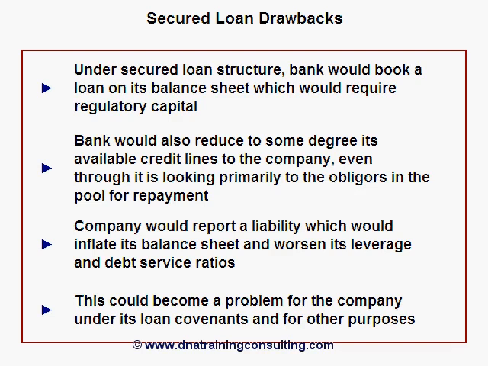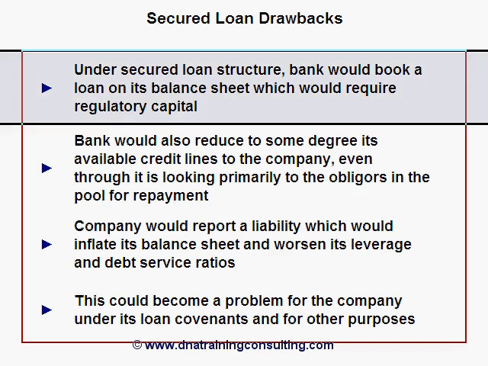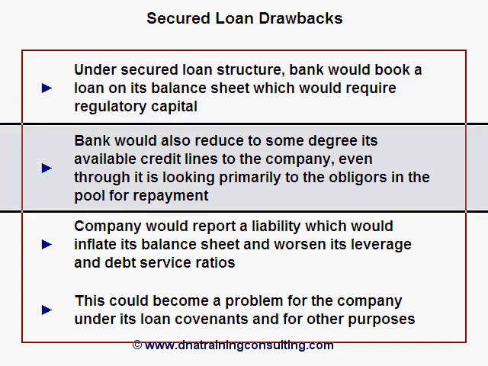One key problem under the traditional loan structure is that the bank would need to book an asset on its balance sheet against which it will have to allocate some amount of regulatory capital. And quite probably the bank would also reduce to some degree the available credit lines it has to the company, even though the bank is looking primarily to the obligors in the pool for repayment.